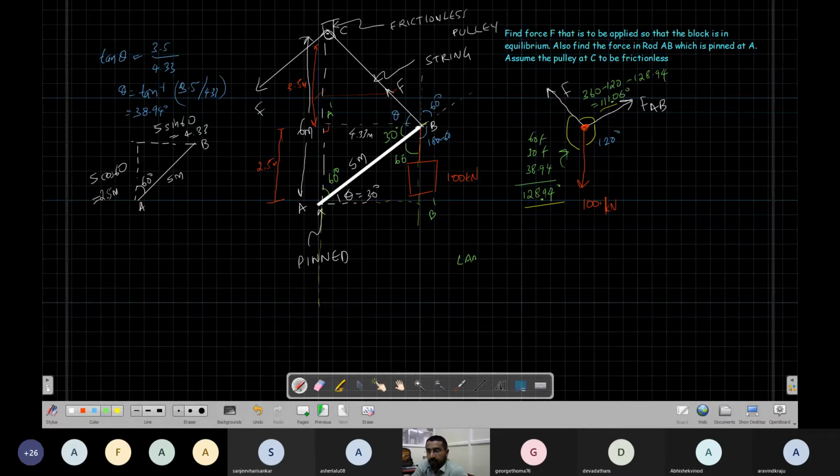Sir, the kilonewton is given here, do we need to convert it to Newton? No. If this is in kilonewton, then this force also will be in kilonewton. Whatever values you are getting will be in kilonewton. Don't worry.